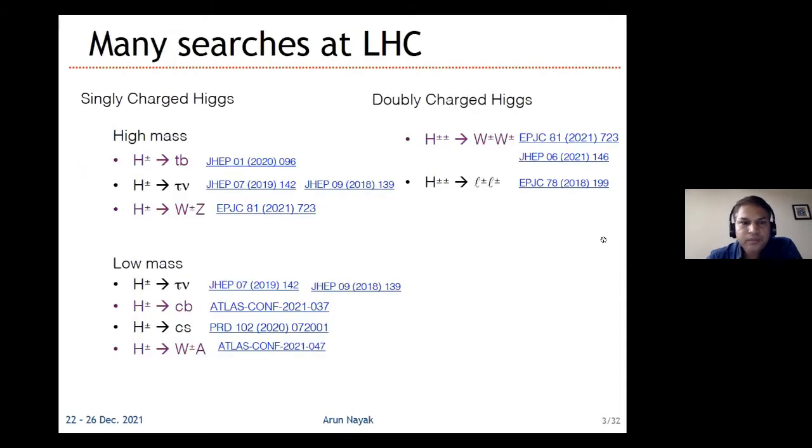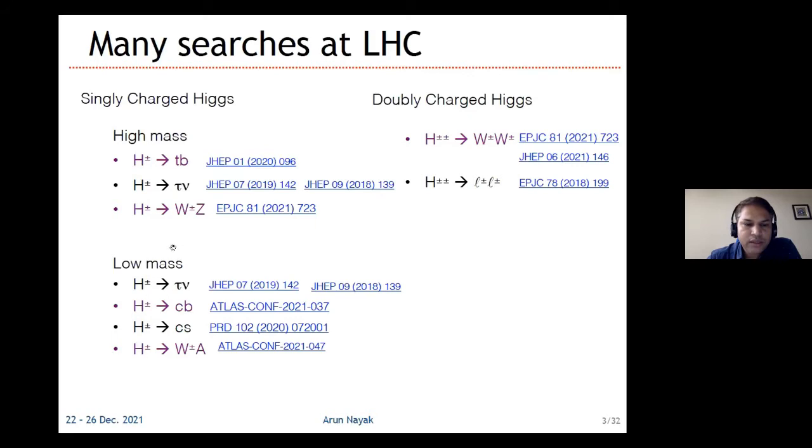At the LHC, there are many searches for charged Higgs bosons. For singly charged Higgs bosons, in the high mass region you have searches for charged Higgs decaying to top and bottom quarks, which is dominant for the high tan beta region, and also charged Higgs going to tau and nu, and W and Z as well.